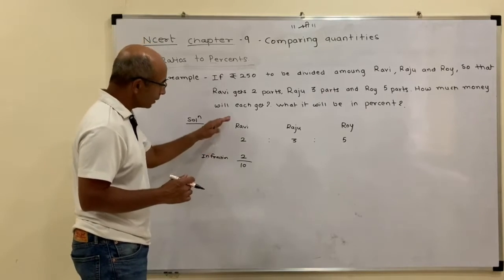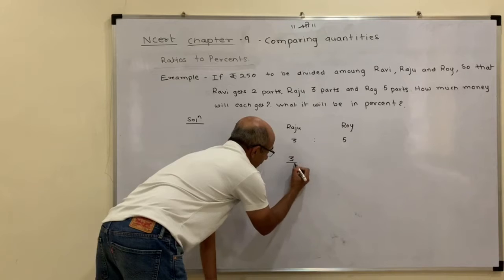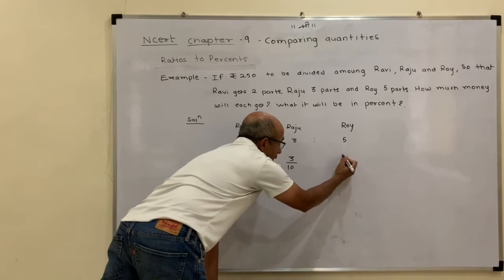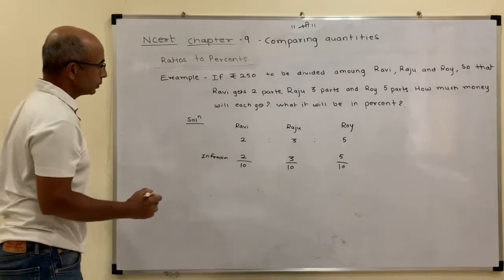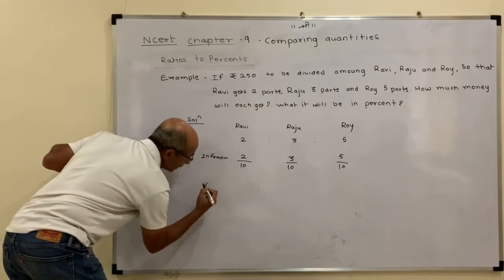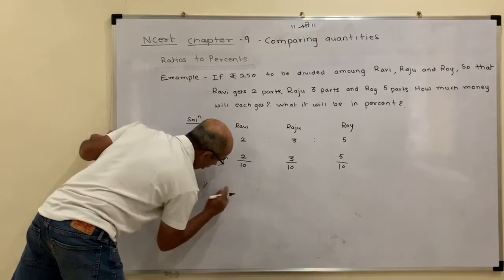So in fractions, Ravi's share will be 2 by 10, Raju will be 3 by 10 and Roy will be 5 by 10.